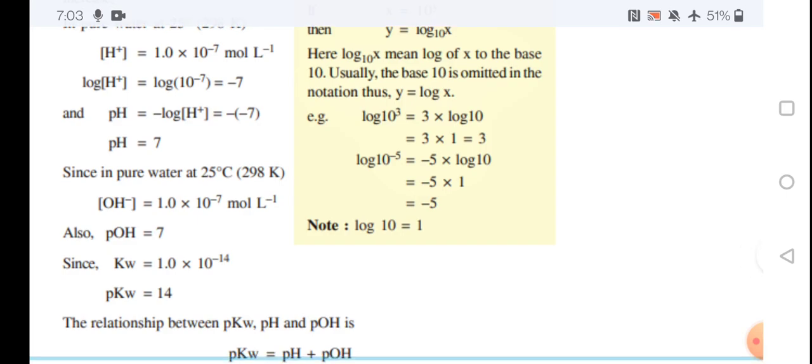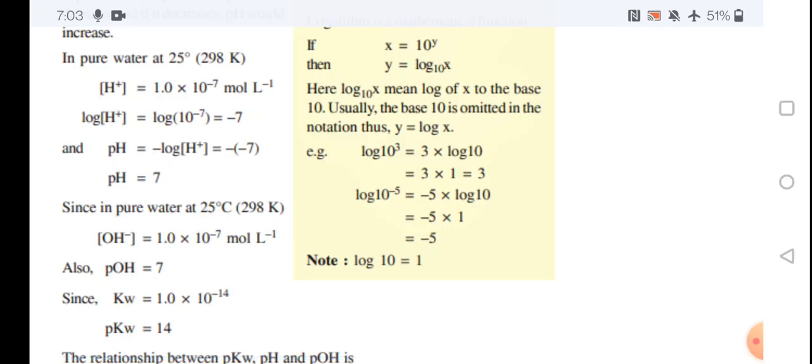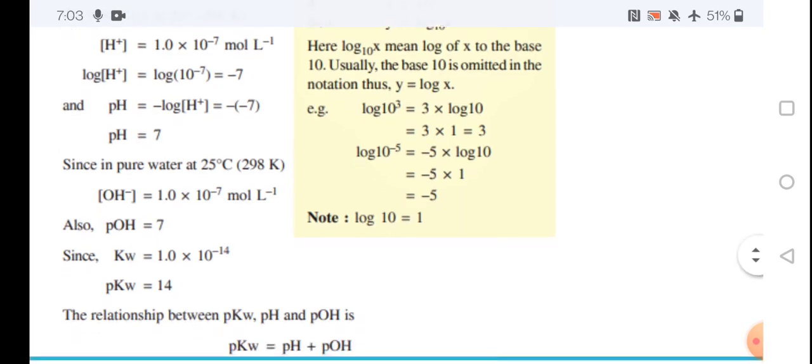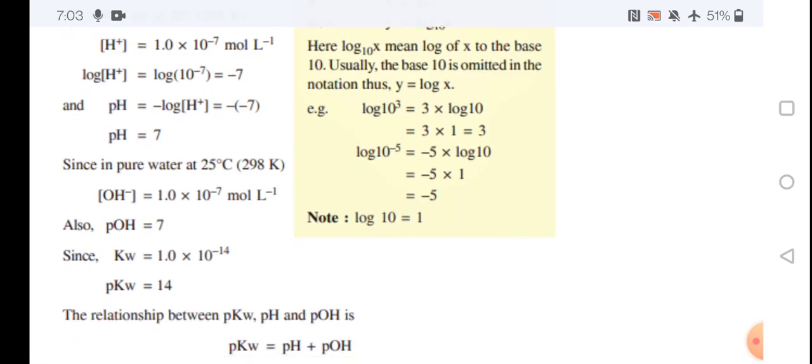Next, in pure water at 25 degrees Celsius, the concentration of OH is equal to 1.0 × 10 to the power of minus 7. If we substitute the value of OH to get the power of hydroxyl ions, we get 7, as in the similar calculation we did above.